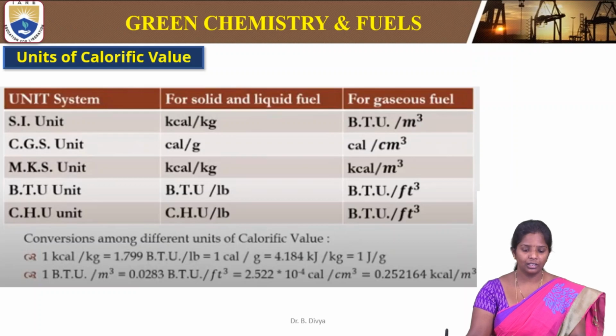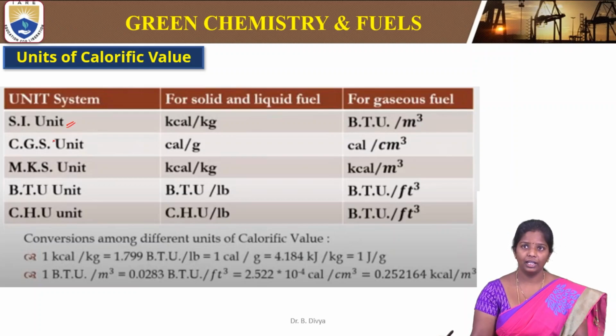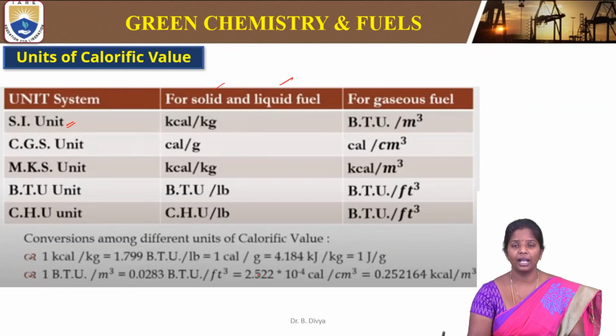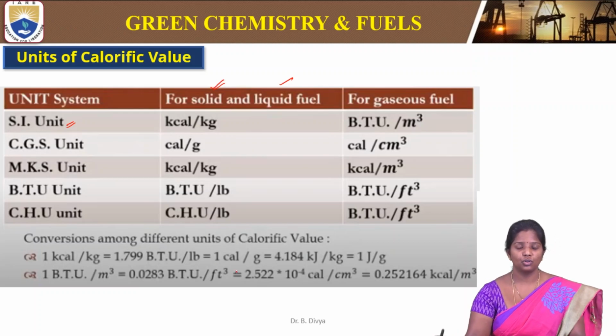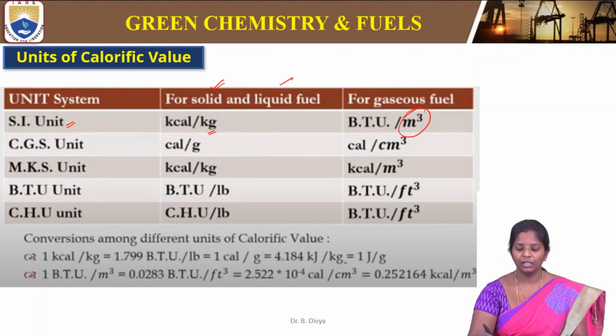If we see in detail, in the SI unit system, for solid and liquid fuels we express kilocalories per kg. Why do we use kg? Because solids are measured by mass. For gases, we use cubic meter, because it is the volume occupied by the gas.